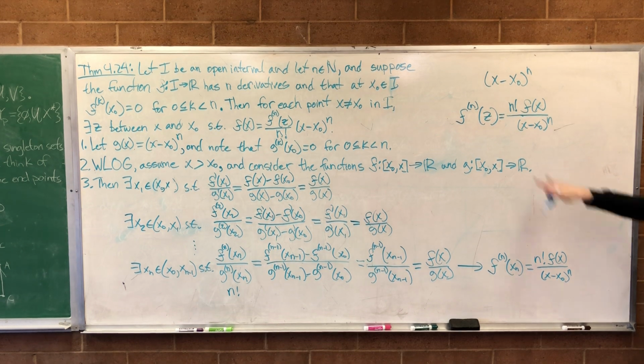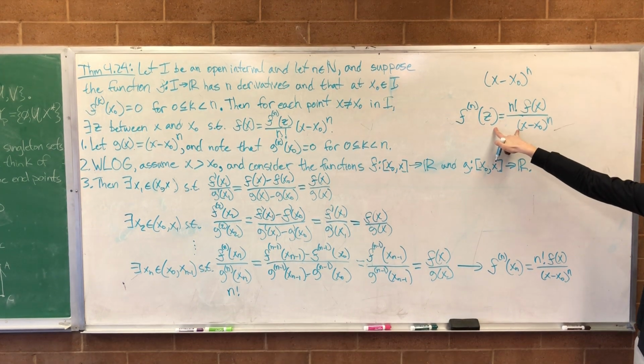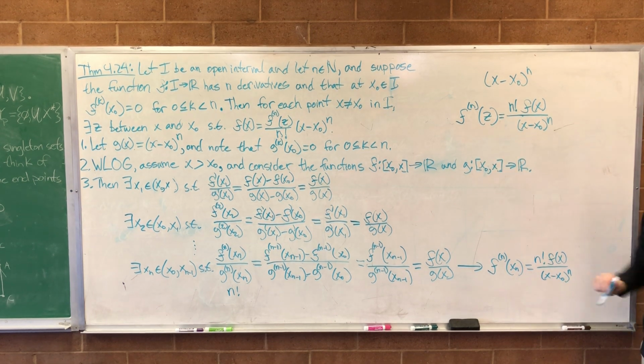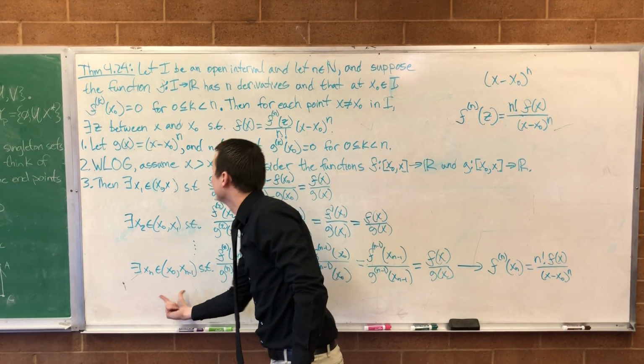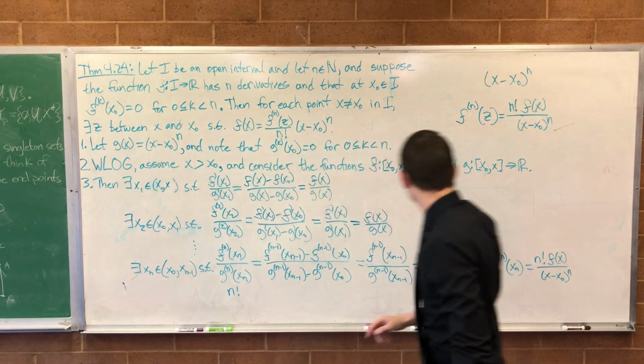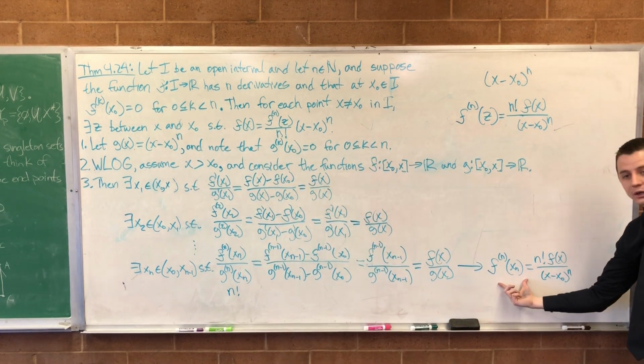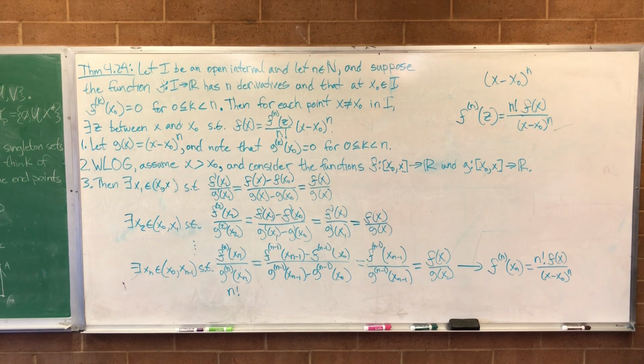Is it? Okay. Xn is that point z. We just need to find a point z in the interval that made this true. Xn's in there. That is definitely in I. So Xn is the point such that the nth derivative of f at that point is equal to this.